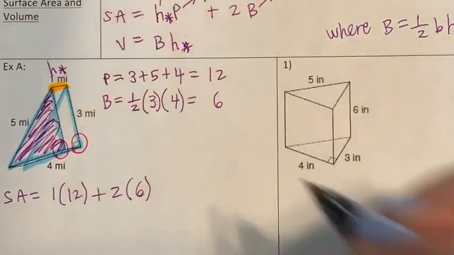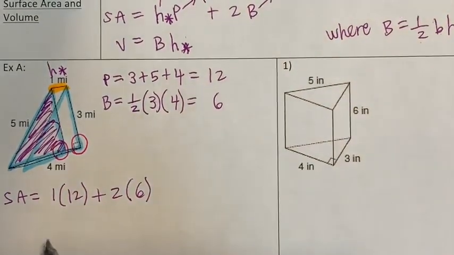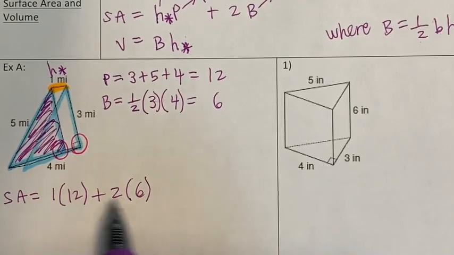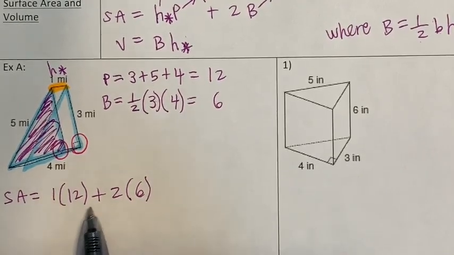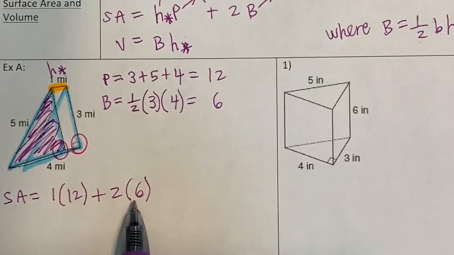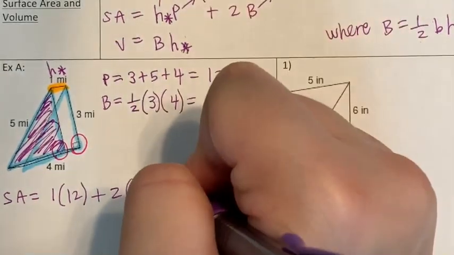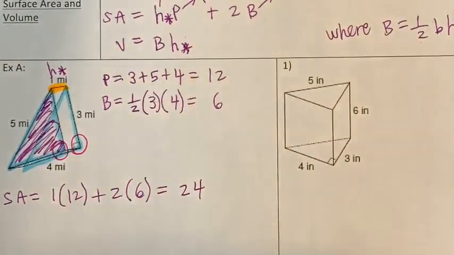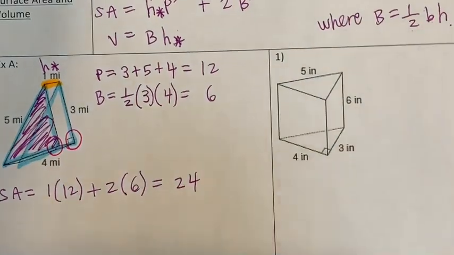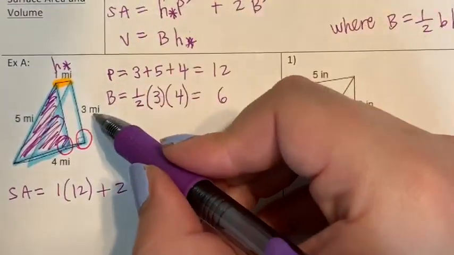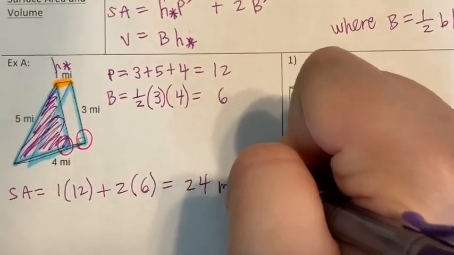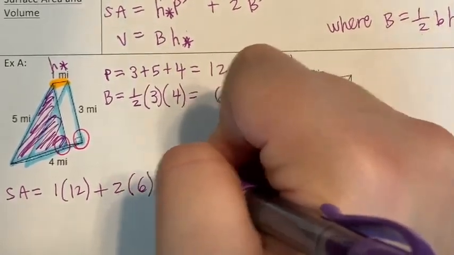So plus 2 times 6. You can do this in your head, chunk it up in your calculator, or if you're using a fancy calculator with parentheses, you can do it all in one piece. When you do this, you should get 24. Because it is surface area, and the units on our figure are miles, it should be square miles.